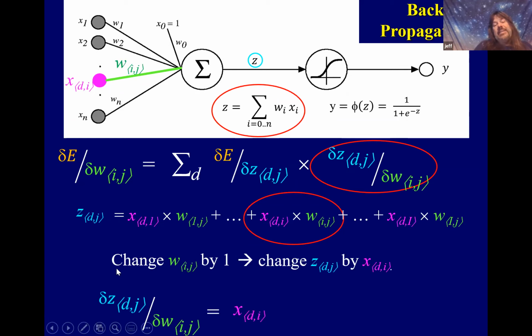And we write that down as the rise over run. If you change the weight by 1, it's going to change the Z by X, right? The rate of change of Z with respect to W is X, all right? So that's our number. We can plug it into where we need it, right?